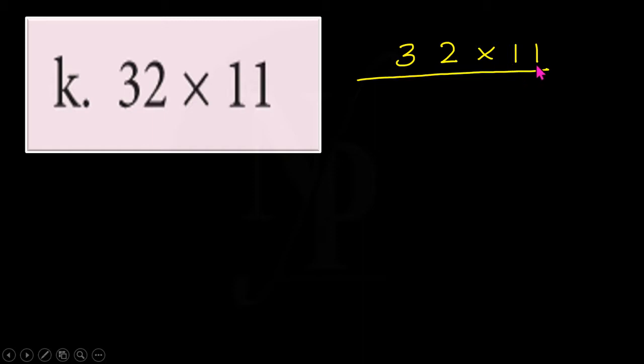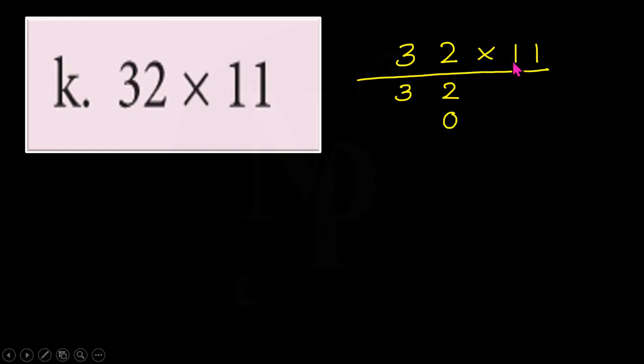So let's multiply 32 by 1 here. So I'm multiplying 1 2 is 2. So I write 2 here, and 1 3 is 3. I write 3 here. Next we have to multiply 32 by the 1 in tens place here. So while doing that, we should put a 0 in ones place of this product. It's important, you should remember.